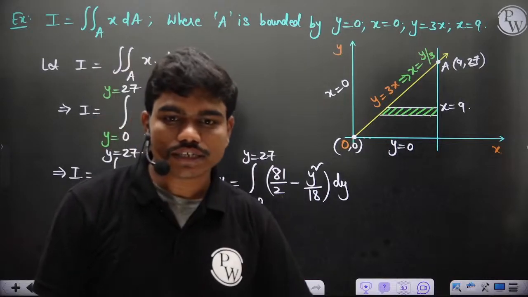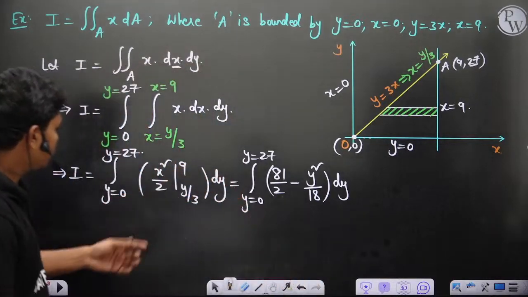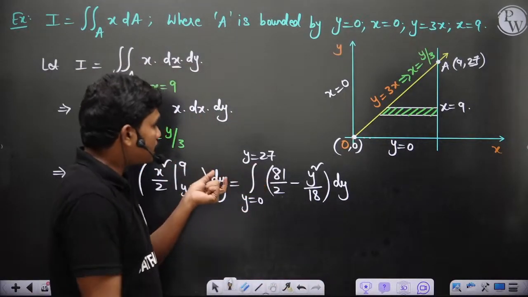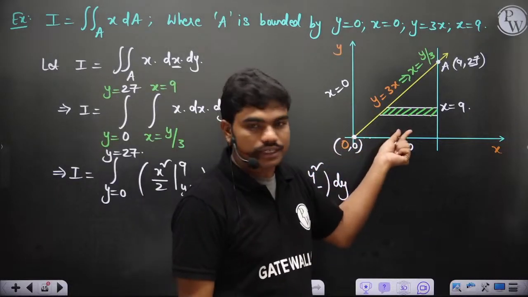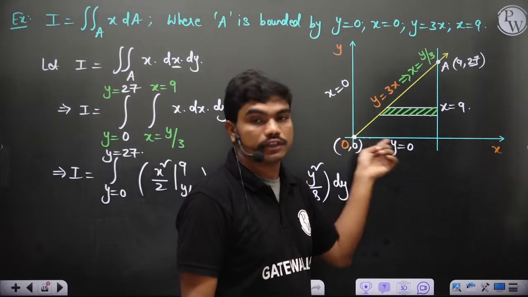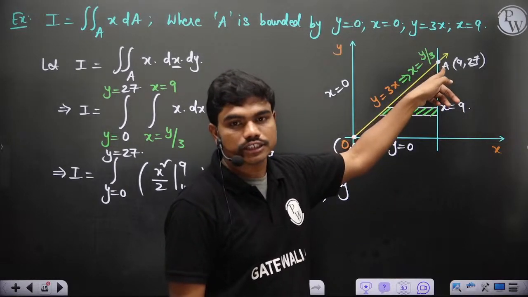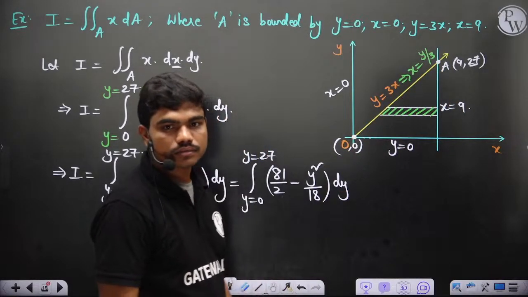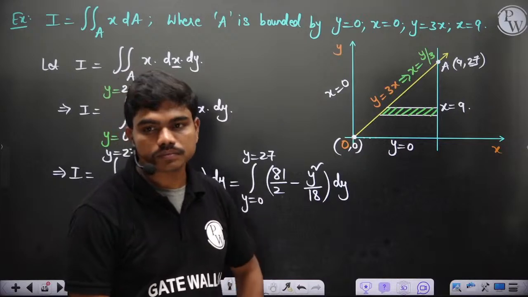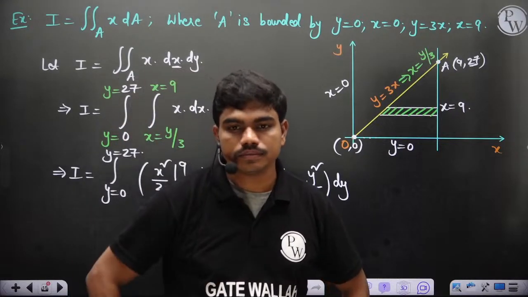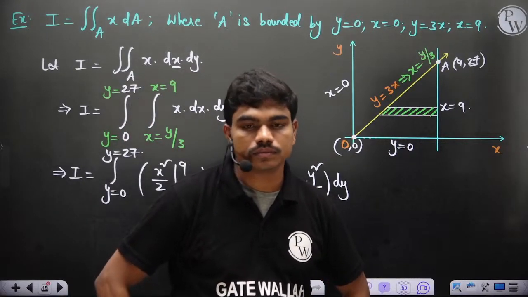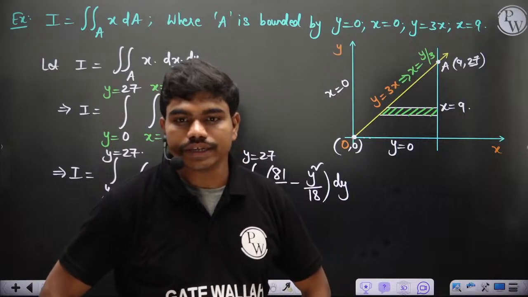So how did you get 0 and 27 for y? As I'm telling you, the least value of y in this complete region is 0, at any point on this line. And the highest value of y is at this point in this region. Is this clear to all of you?